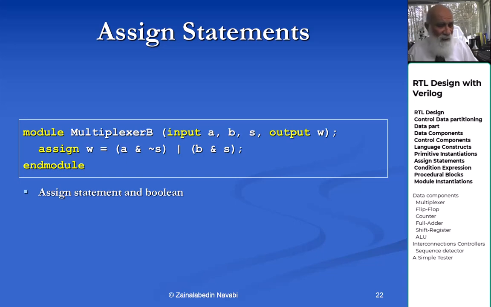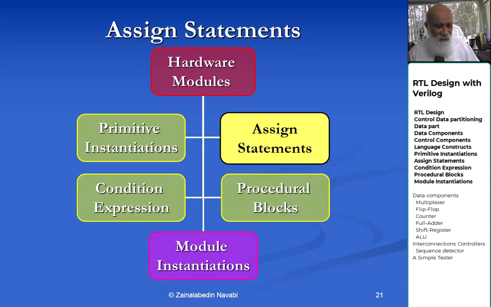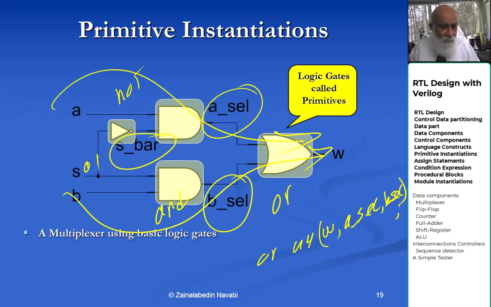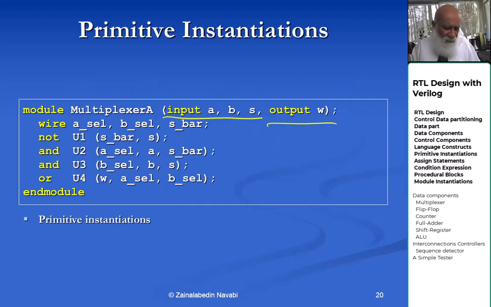Maybe I don't really want to describe this circuit using the gate instances. Maybe I just want to write a description that shows me the W output.